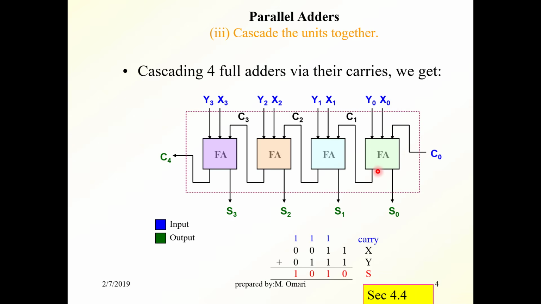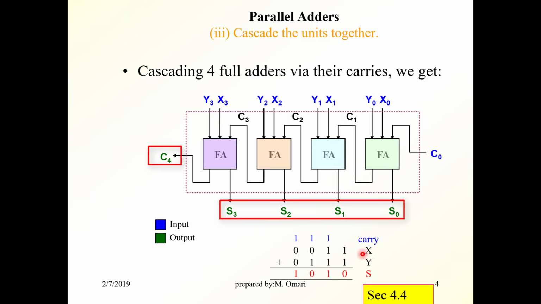Now the carry of this full adder is taken as an input to the second full adder, and the carry of the second full adder is taken as an input to the third full adder, and so on. Now this is the final carry C4, and this is the final result, a sum of 4 bits and a carry.